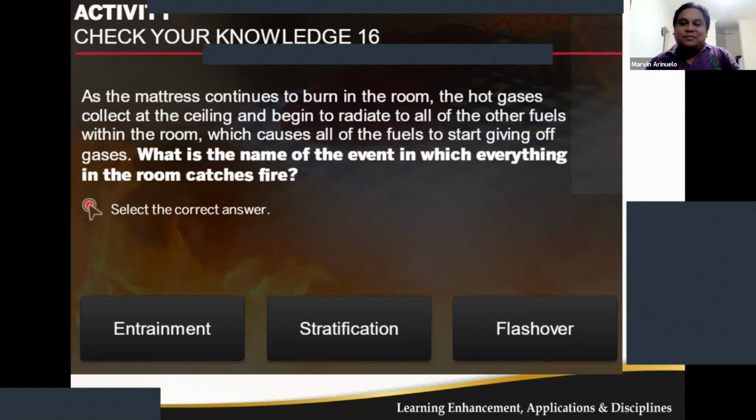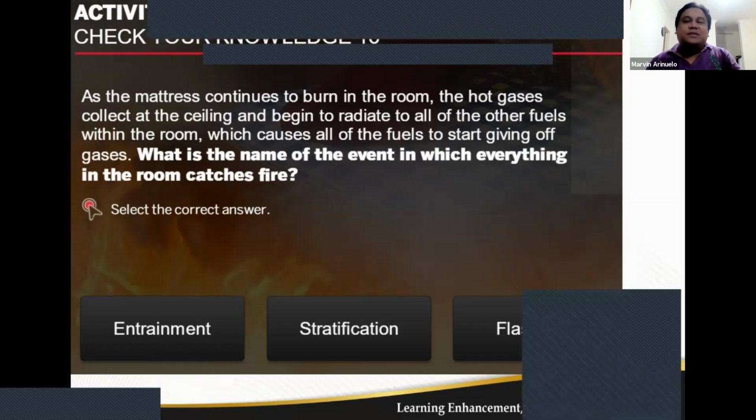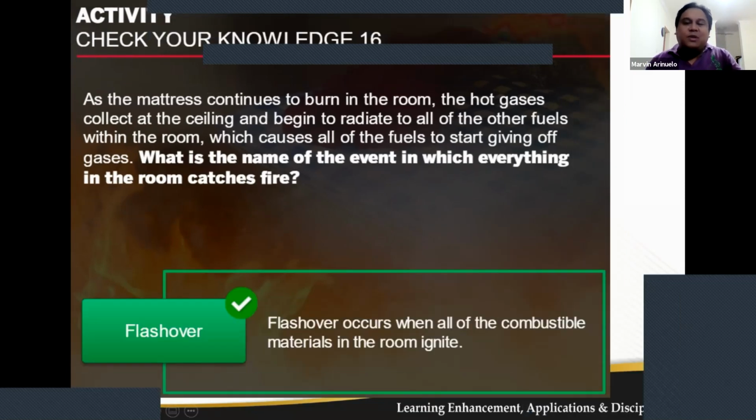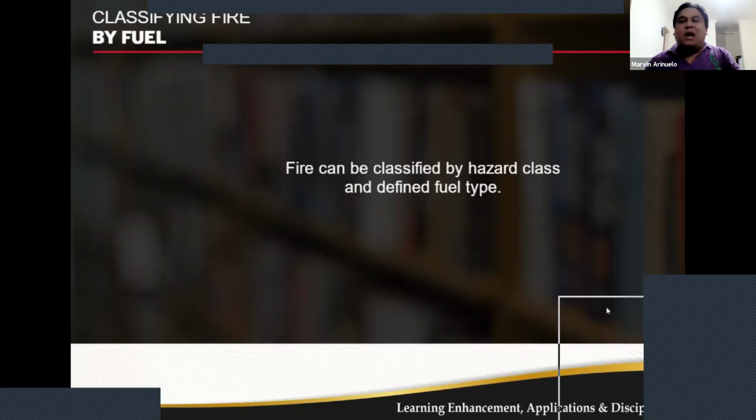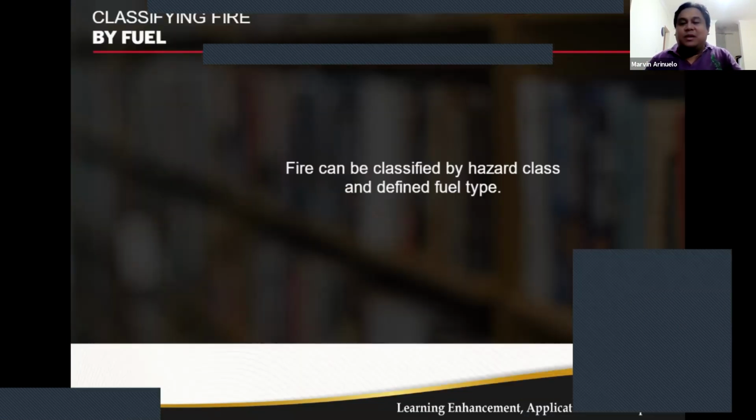Everyone agree? Conrad, Patrick, Norman, okay? And all of you guys, okay? The flashover, when all of the combustible materials in the room ignite and the room becomes unlivable, no? Everyone might die. So before that, you should escape out of the compartment or building.